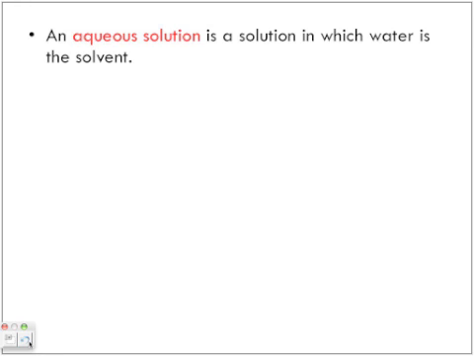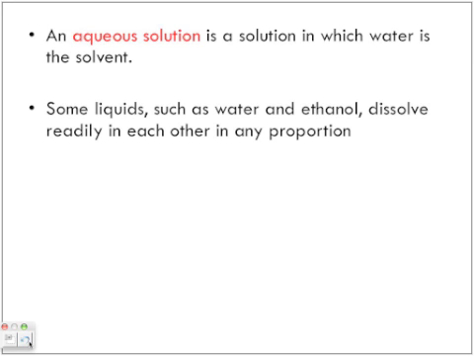An aqueous solution is a solution in which water is the solvent. Some liquids, such as water and ethanol, dissolve readily in each other regardless of whatever proportion you make. When we mix sugar into coffee, think of that example. I used to really love my coffee to be really sweet, so I put in so much sugar. But imagine that cup of coffee and me getting to the very end.